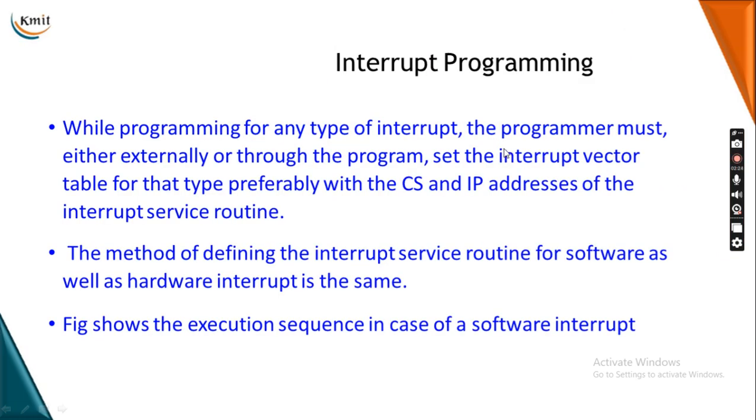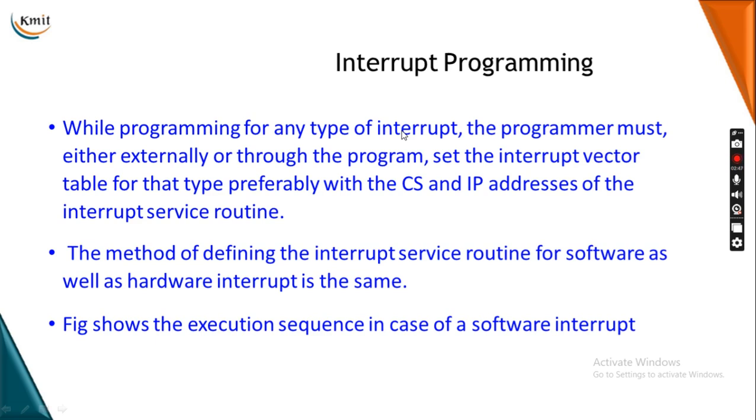While programming for any type of interrupt, the programmer must, either externally or through the program, set the interrupt vector table for that type, preferably with the CS and IP addresses of the ISR.